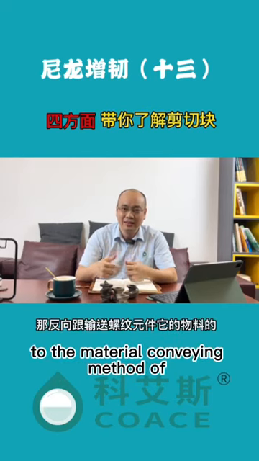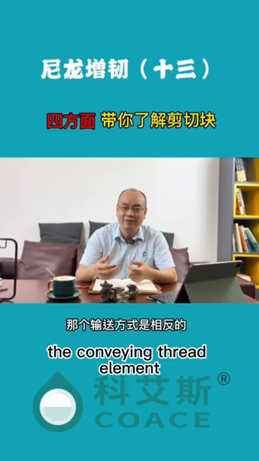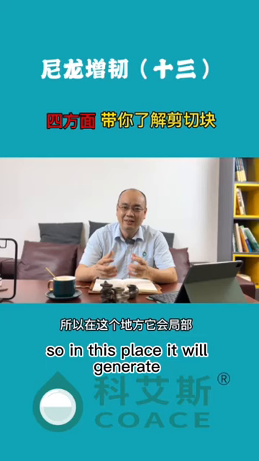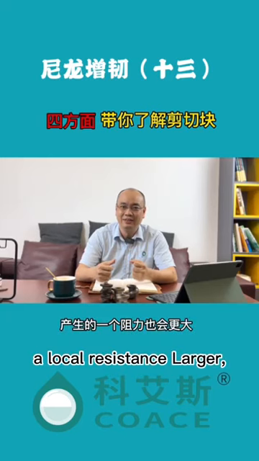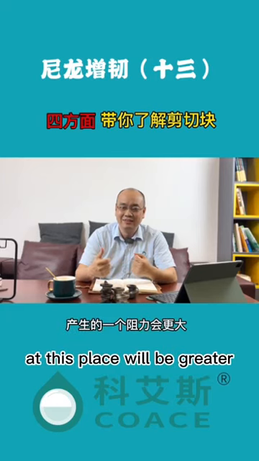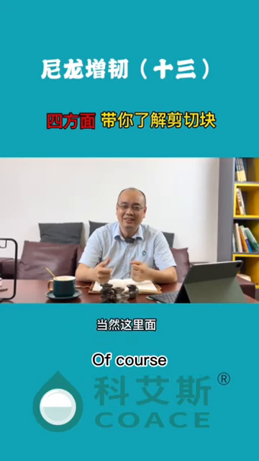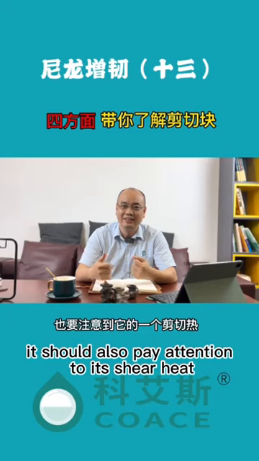The reverse is opposite to the material conveying direction of the conveying thread element, so it will generate a larger local resistance. The resistance generated by the shear at this place will be greater, so it is helpful for the dispersion of materials. Of course, we should also pay attention to its shear heat.